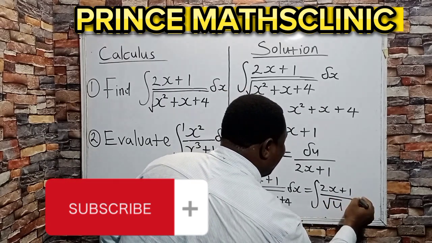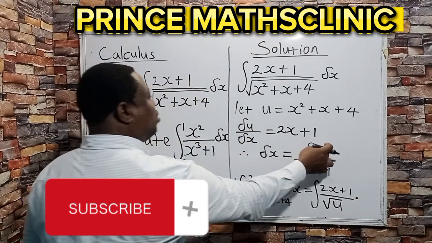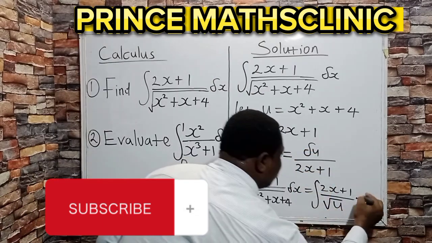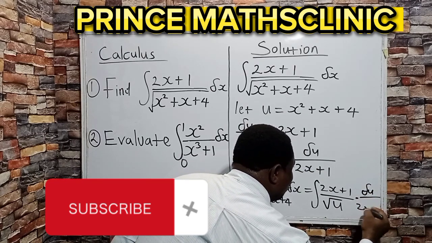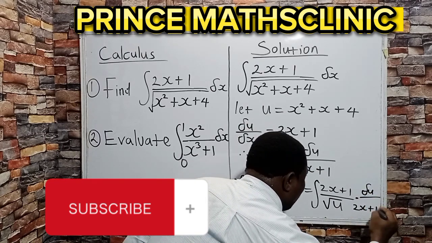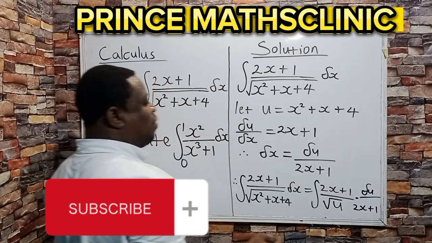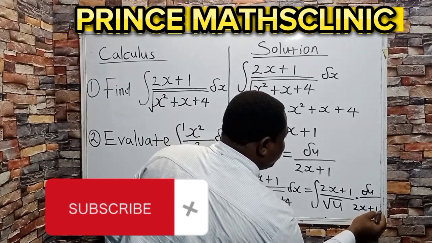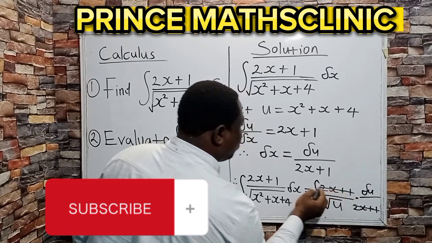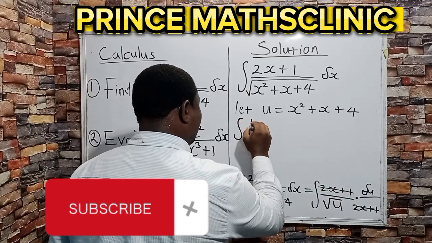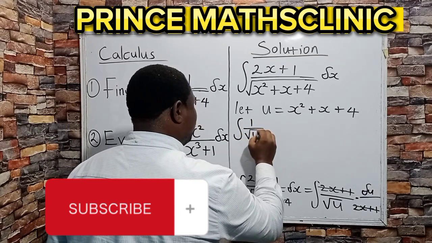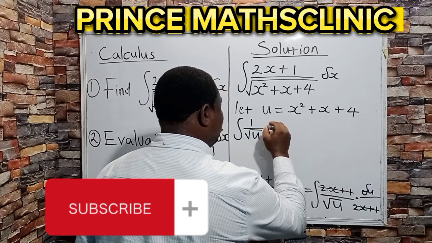Then dx is now du over 2x plus 1. So put it here: du over 2x plus 1. Therefore, 2x plus 1 cancels out 2x plus 1. What do I have left? I have 1 over square root of u, then du.